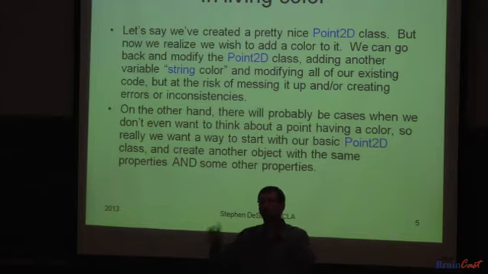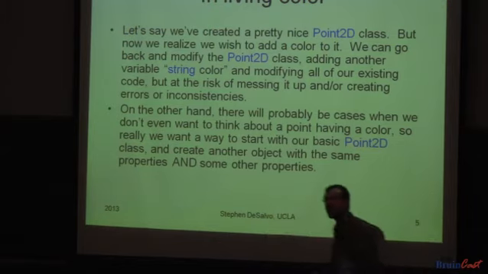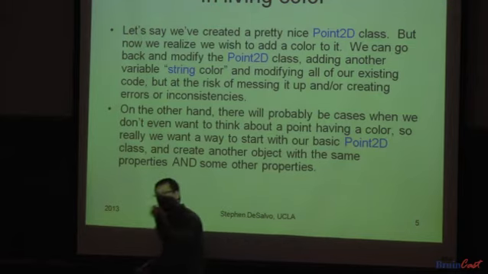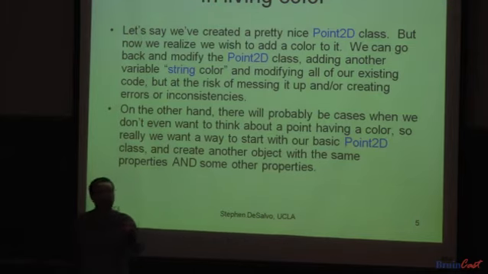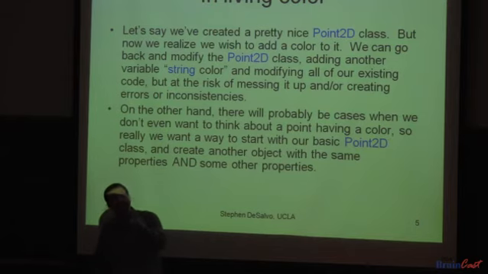What we're going to do instead is we want to take all that functionality in that Point2D class, and extend it in a way where we create a new object, say ColorPoint2D, and that ColorPoint2D object is going to have all of the same properties as a Point2D object, plus some extra stuff.